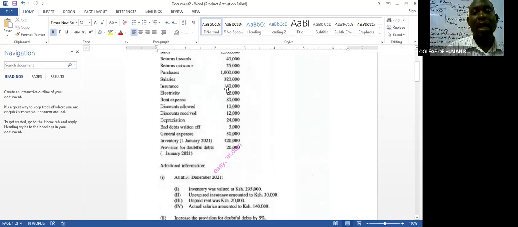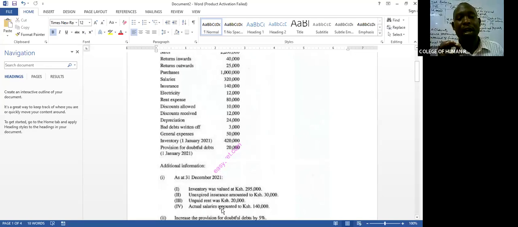So we overpaid by 30,000. Remember, what is in the trial balance is what you paid. So we paid 140,000, but out of the 140,000, 30,000 is extra. So when preparing the income statement, you'll have to deduct this 30,000 from 140,000 so that you can get the insurance payable in that year, which will be 110,000.